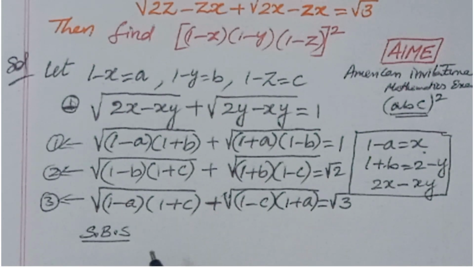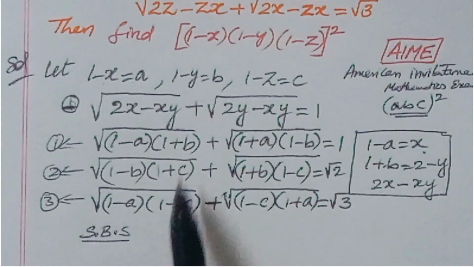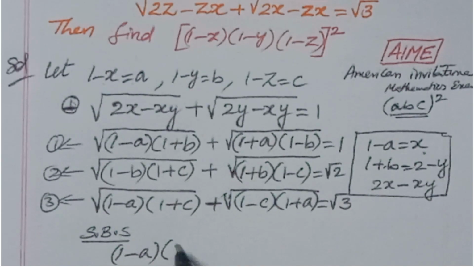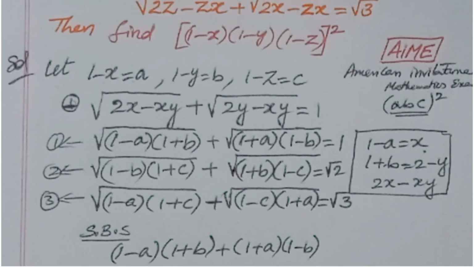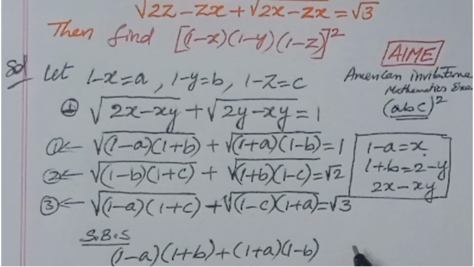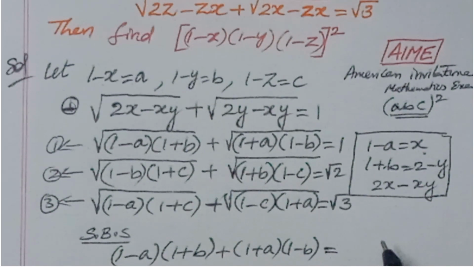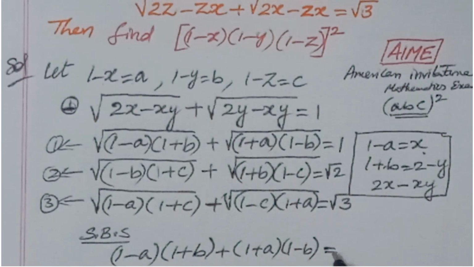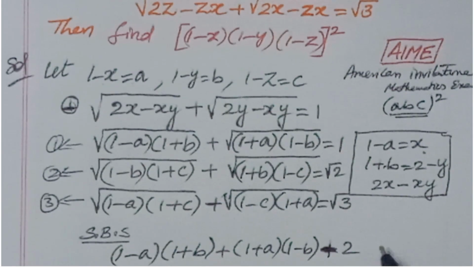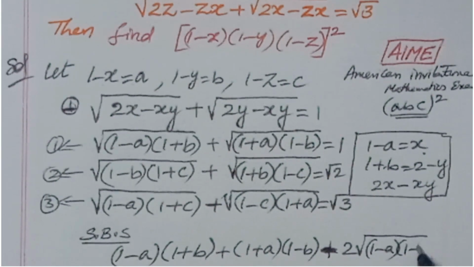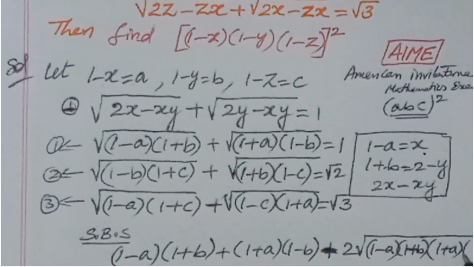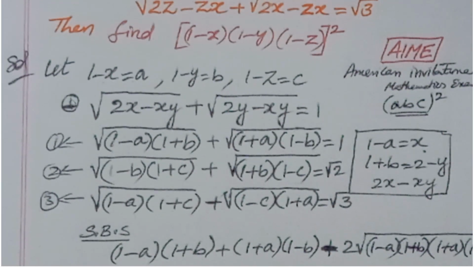So a square plus b square means: (1 minus a)(1 plus b) plus (1 plus a)(1 minus b), plus 2 times the square root of (1 minus a)(1 plus b)(1 plus a)(1 minus b), is equal to 1.